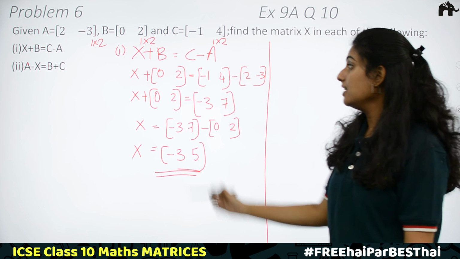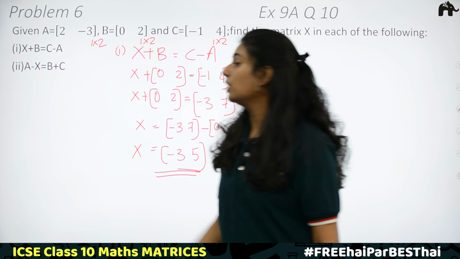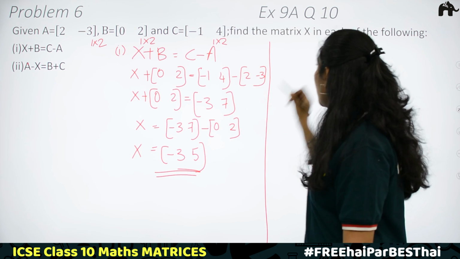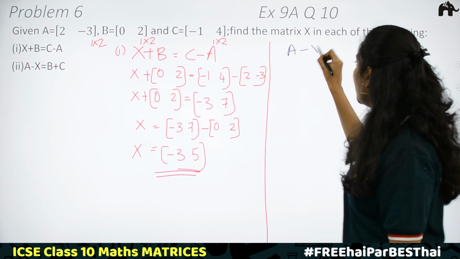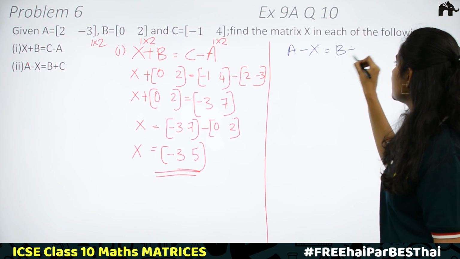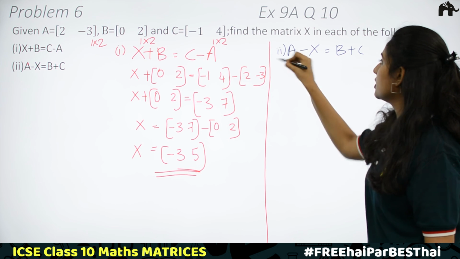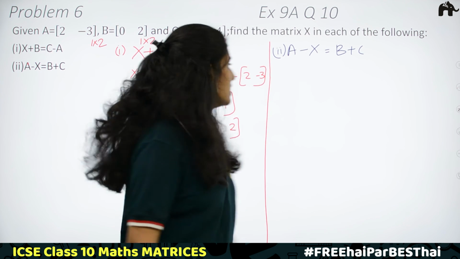Now, the second one, A minus X is equal to B plus C. A minus X is equal to B plus C. This is our second question. Okay. What is A?